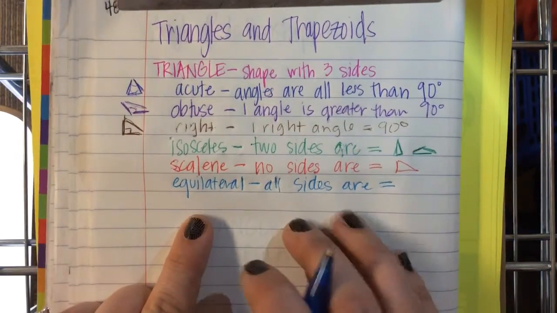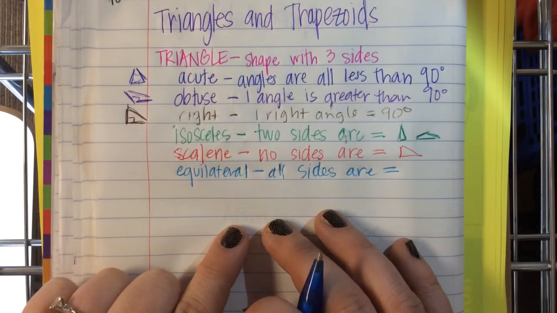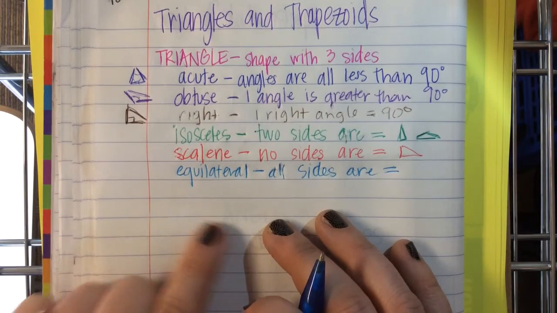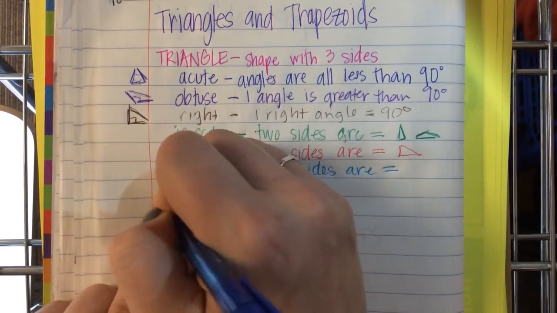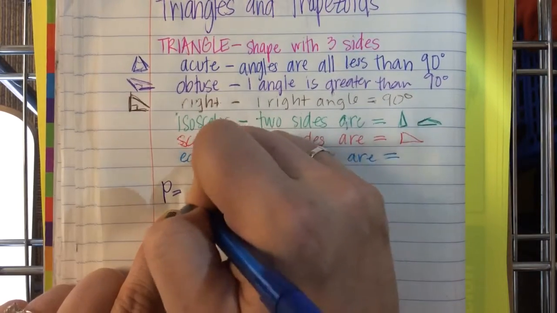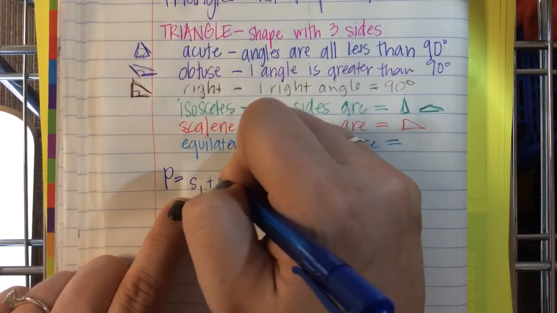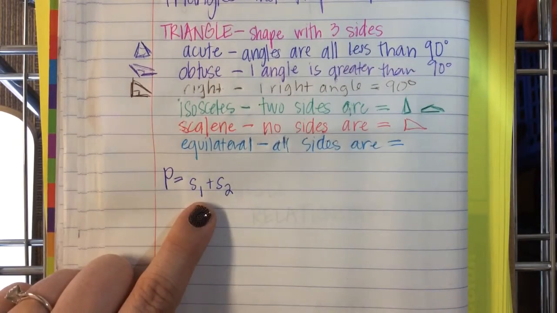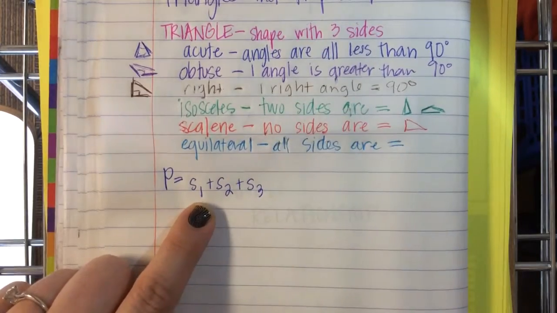There are so many different types of triangles, but there is only one way to find perimeter. Perimeter of a triangle is side 1 plus side 2 plus side 3.